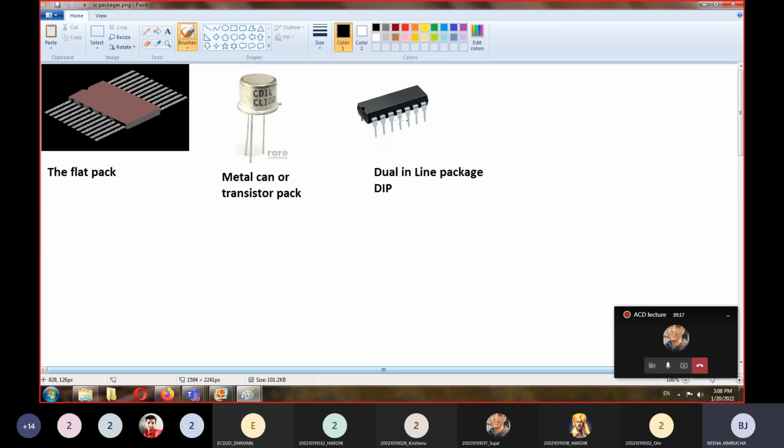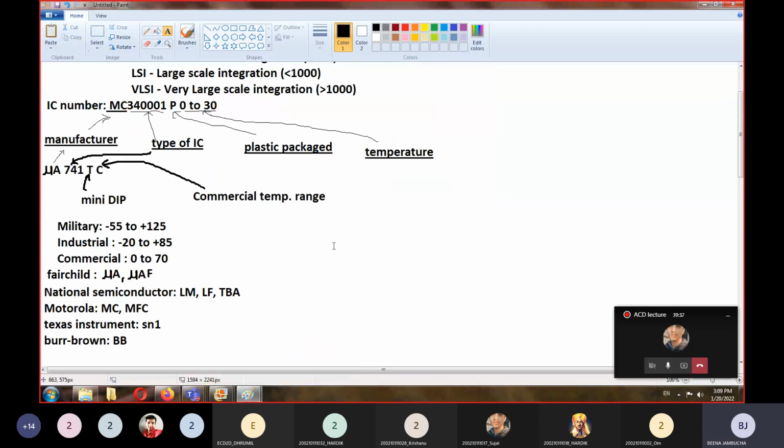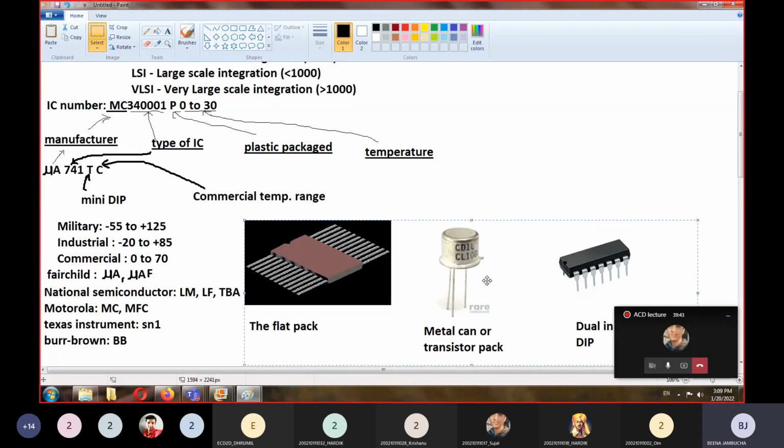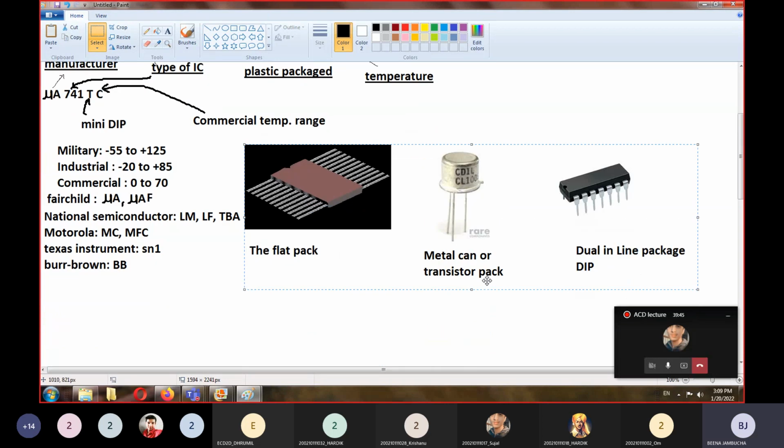And then finally the dual inline package. In short, it is also called DIP. As we are using a microprocessor IC, microcontroller IC, or RAM, all these things come in the DIP package, right?